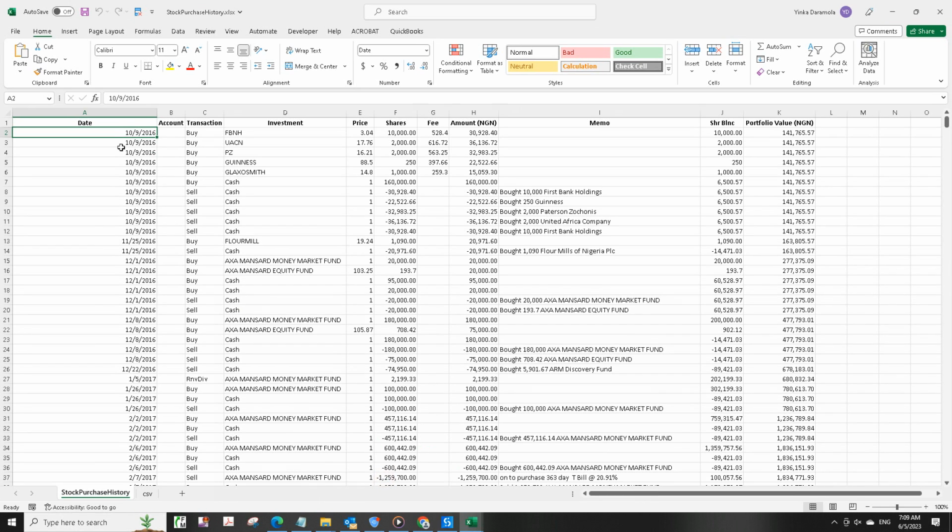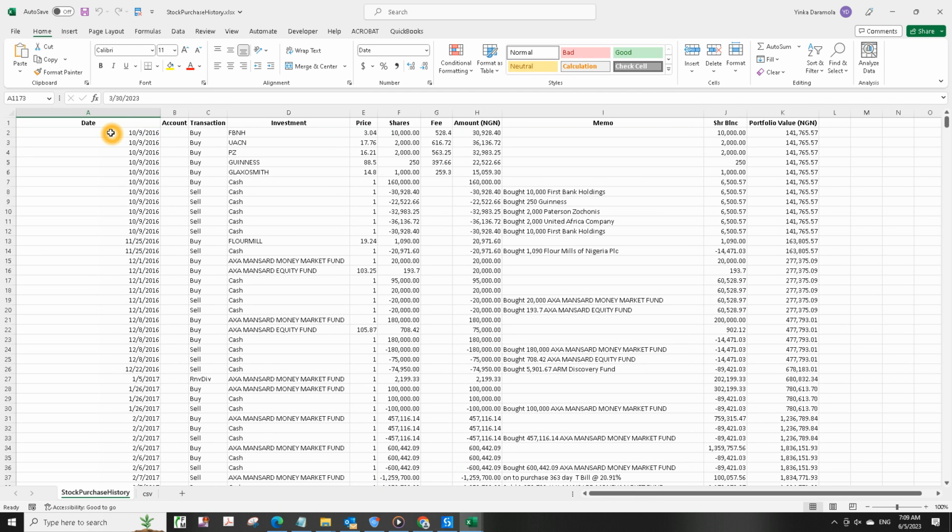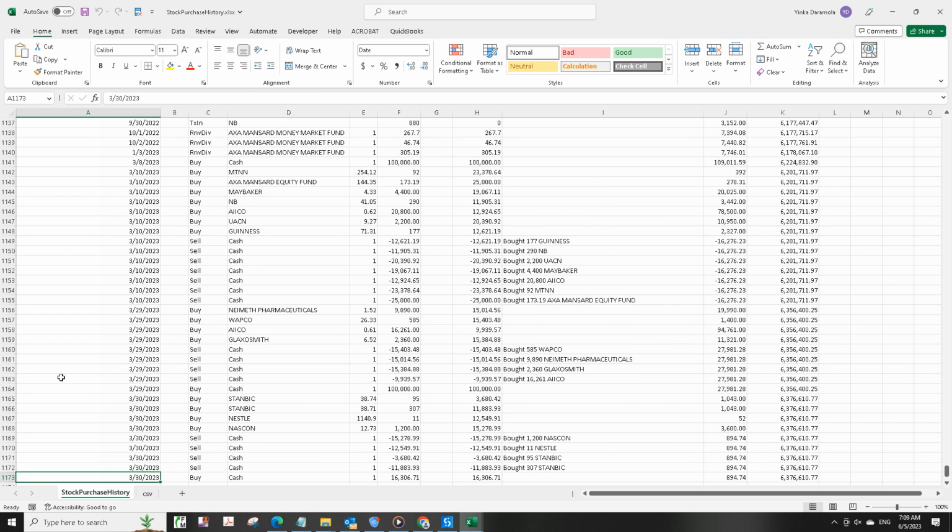So this is one portfolio. The first transaction was buy First Bank 10,000 units, back in 2016. And if I scroll to the end, if you count the rows, there are about 1,172 transactions in this, which is a lot of transactions.